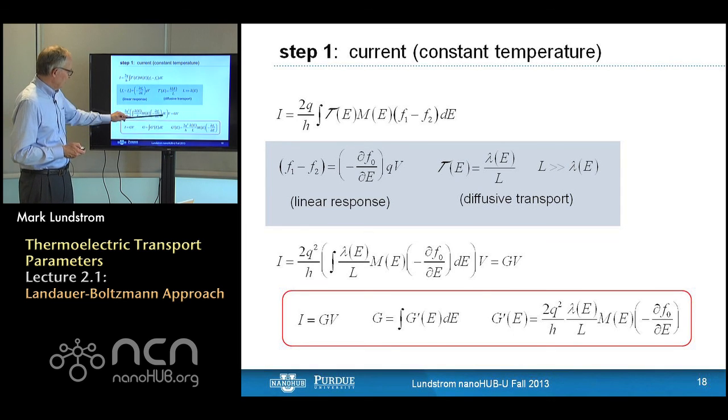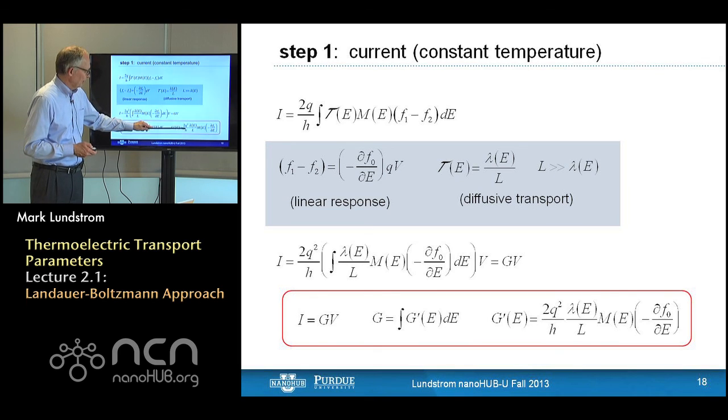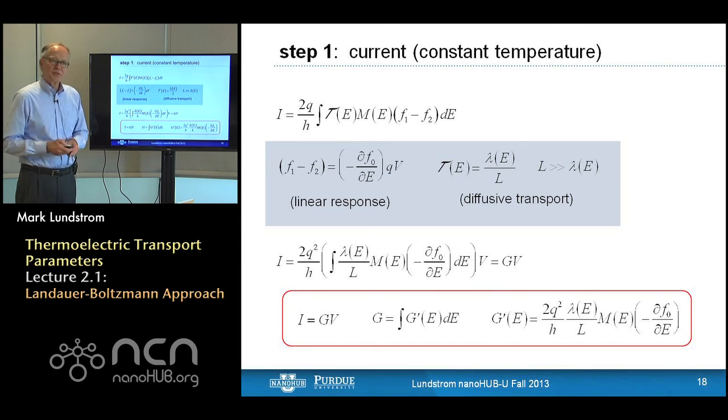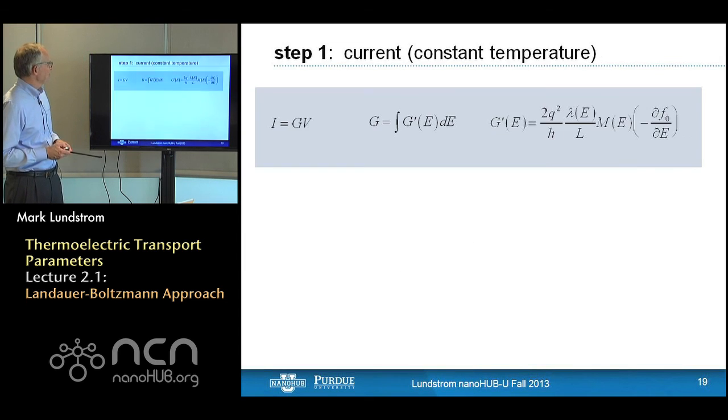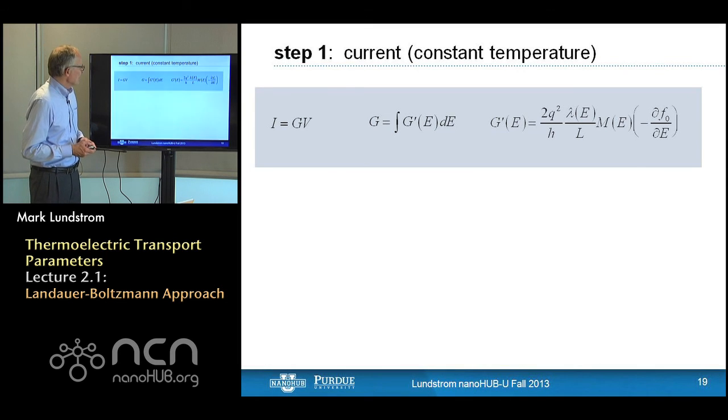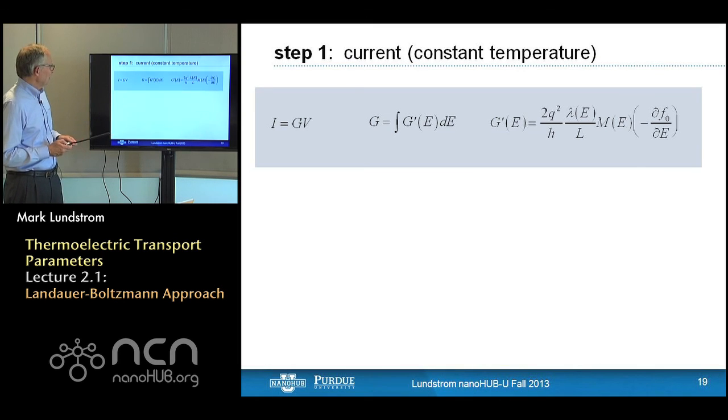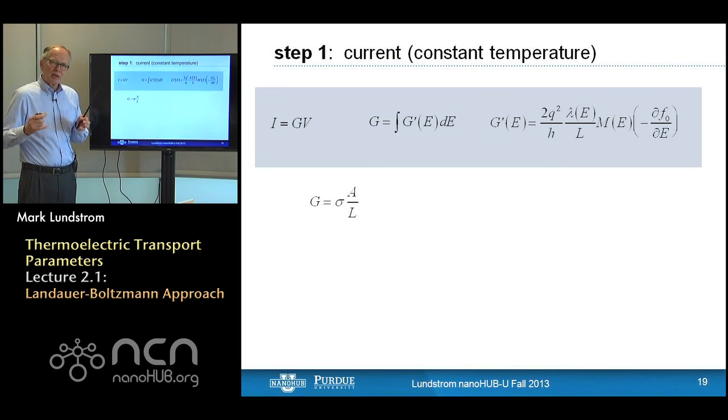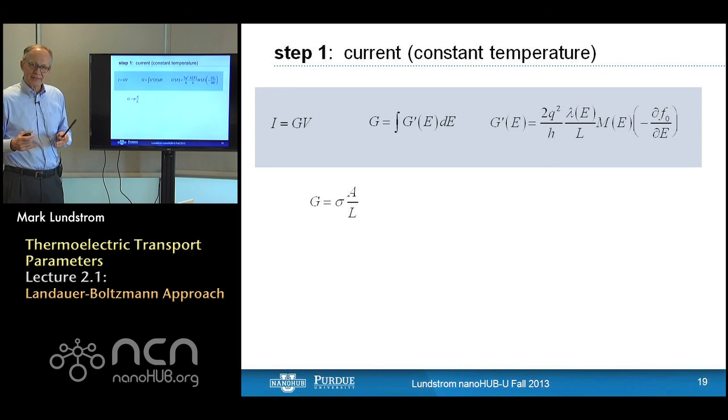The conductance is given by this G prime, which we would call the differential conductance, and it is simply related to fundamental constants, mean free path, number of channels, and the Fermi window. Okay, so here's where we're at. Traditionally, if we have a large material, we like to think about conductivity instead of conductance.